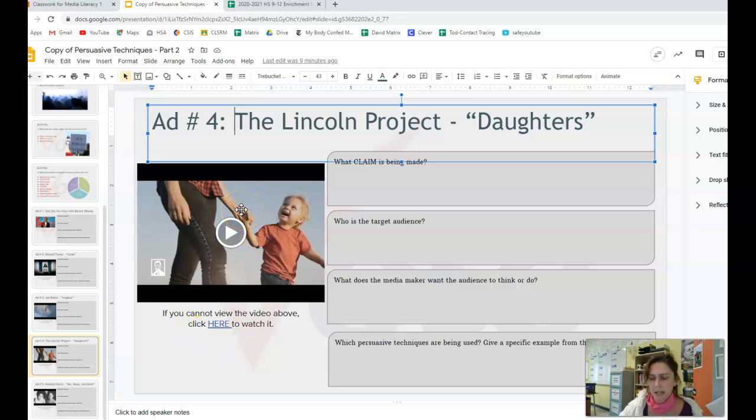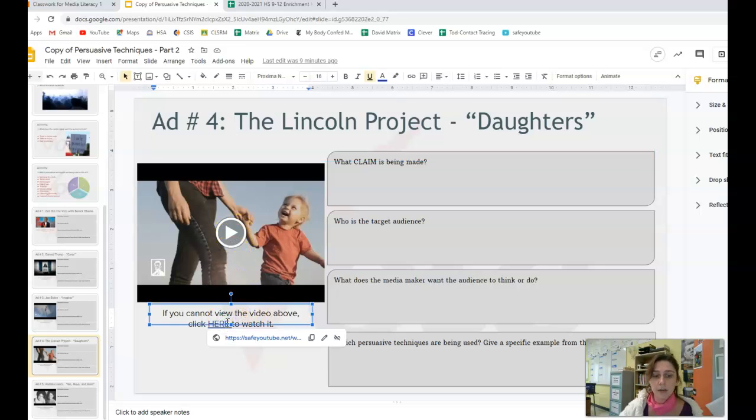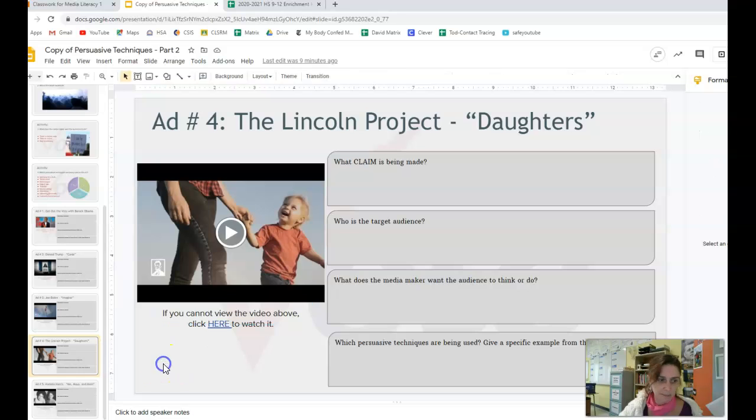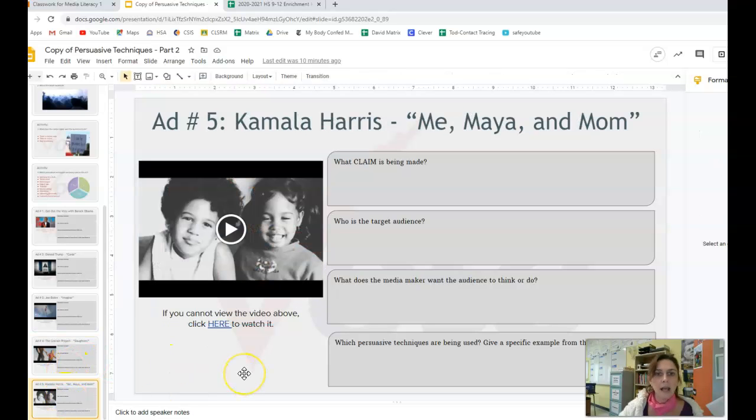Just like in my previous slideshows, if you cannot click on the video and watch it for some reason, if it is blocked, you just need to go down here to the Safe YouTube link and watch it there. And the last one is a Kamala Harris advertisement called Me, Maya, and Mom. And Kamala Harris is the current candidate for vice president with Joe Biden.